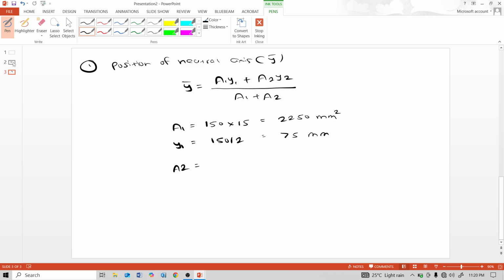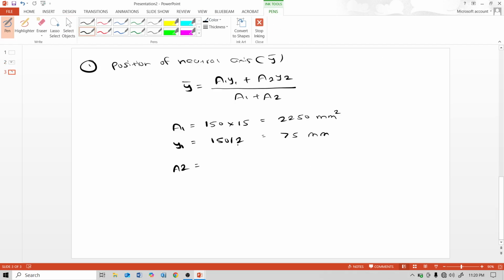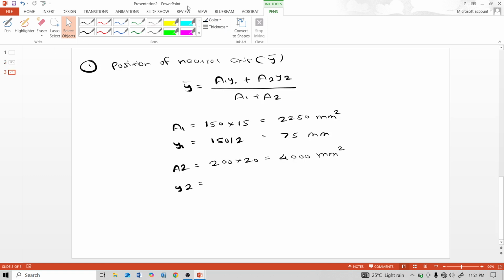A2 is the area of the flange portion, 200 multiplied by 20 mm, which is 4000 mm square, and y2 is the centroidal distance of the flange portion from the bottom fiber. That means 150 plus 20 by 2, which is 160 mm.